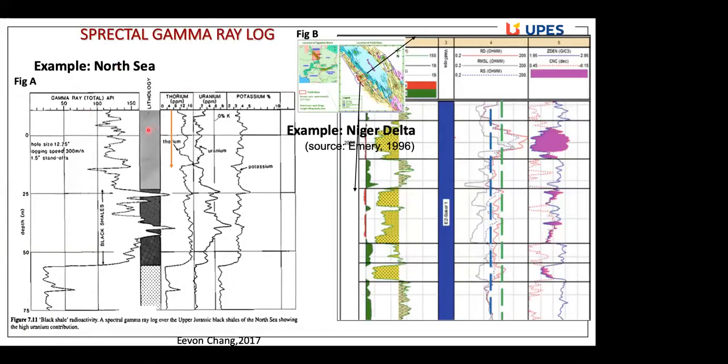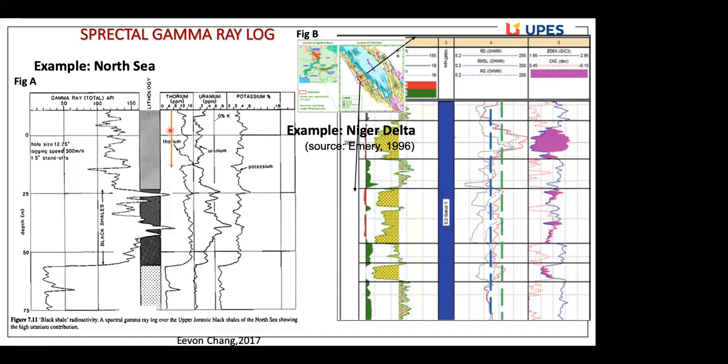The first one you can see is an example from the North Sea. As I have already told you, natural gamma gives the total uranium, potassium, and thorium radioactive concentration, and spectral gamma lets you differentiate between the radioactive elements uranium, potassium, thorium.